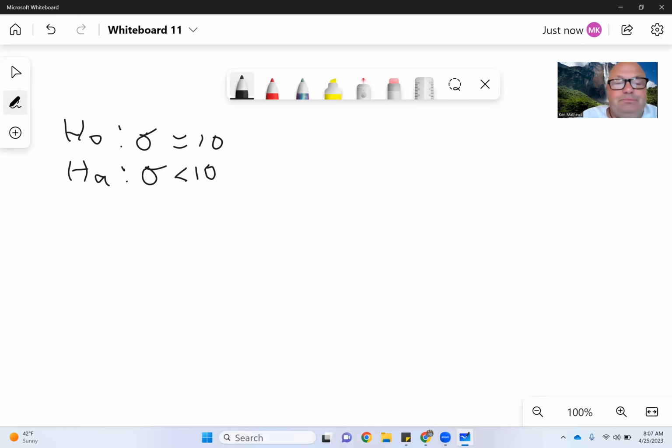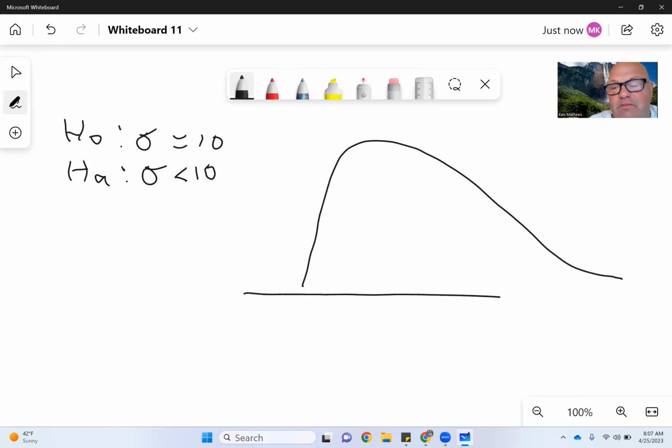All right, now, there are some very important numbers that you have to calculate or find on a chart, in Desmos, etc. The distribution for a standard deviation is going to be chi-square.